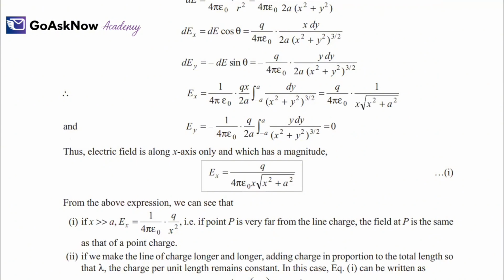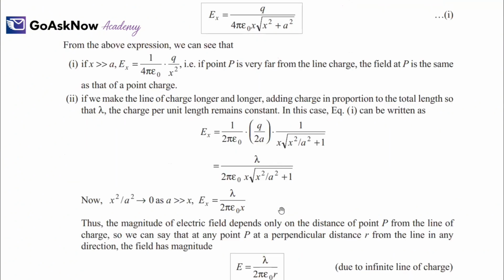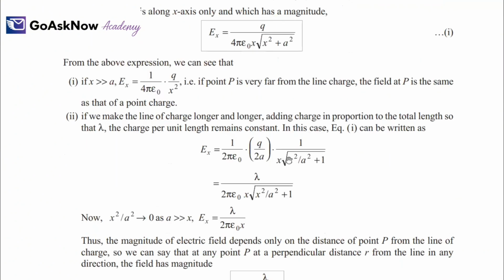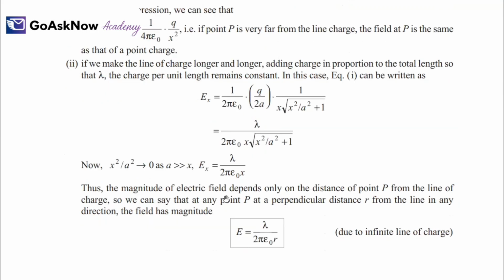If we make the line of charge longer and longer, adding charge in proportion to the total length, so that lambda, the charge per unit length, remains constant, then Ex will become lambda by 2 pi epsilon naught x. We have already discussed this. This is the case of your infinite line wire. So this we have already covered.